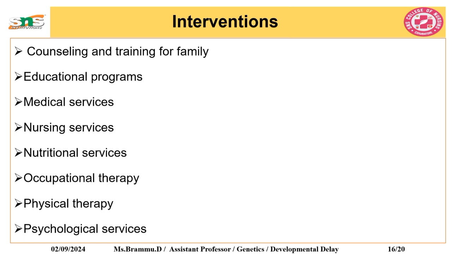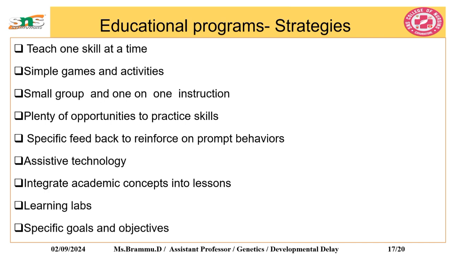Educational programs can be implemented, medical services can be rendered, and nutrition services according to the child's feeding pattern. Here we also give importance to occupational and physical therapy, and majorly we go in for psychological therapy.